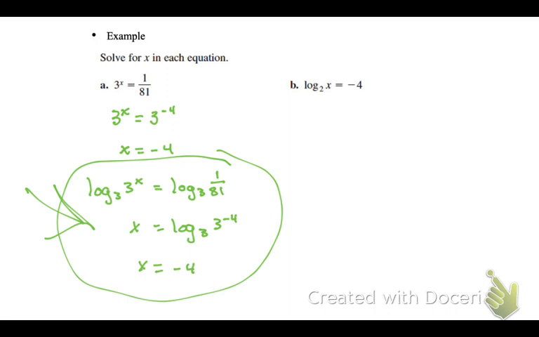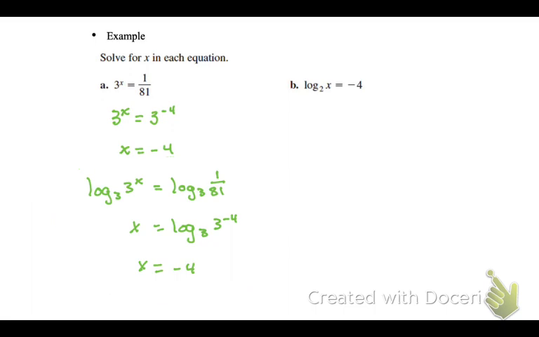So log base 2 of x equals negative 4. What do you guys want to do? Kind of stuck because x is in the domain, right? So how can I get it out of the domain?